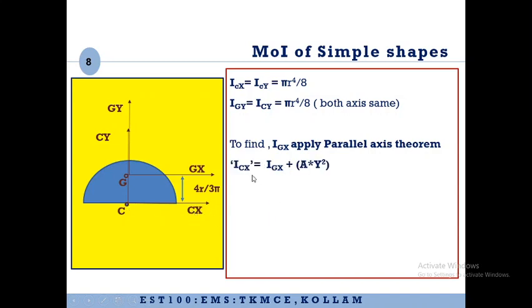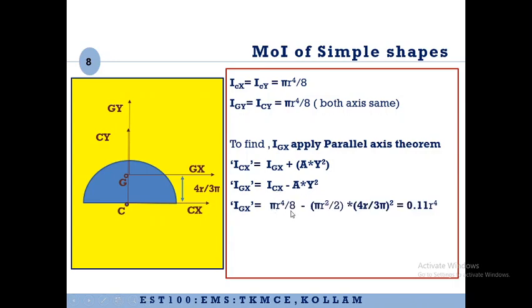Therefore Icx is equal to Igx plus A into distance between the two axes square. That is, moment of inertia about the parallel axis is equal to moment of inertia about the centroidal axis plus area into distance between the two axes square. So we need to find out this term Igx. Therefore we rewrite the equation as Igx is equal to Icx minus A into y square.